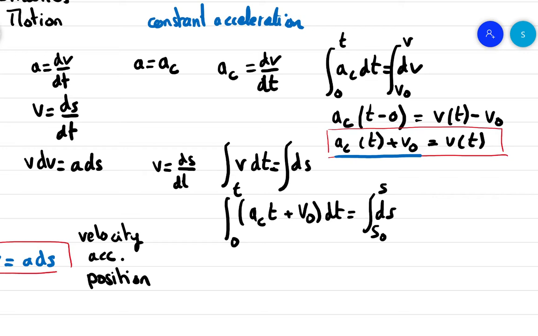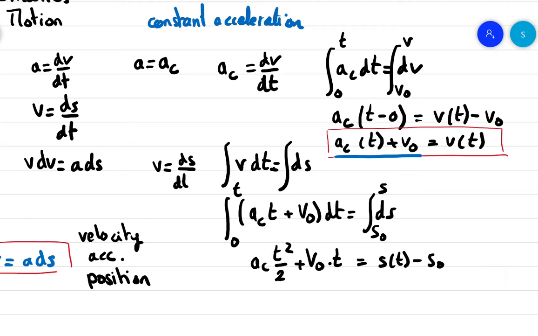So we need to take the integral of this one. So we have a_c, let me go one step at a time, a_c t squared divided by 2 plus v naught times t, and this is between 0 and t, so that's only this. And it's equal to s of t minus s naught. ds is just s.